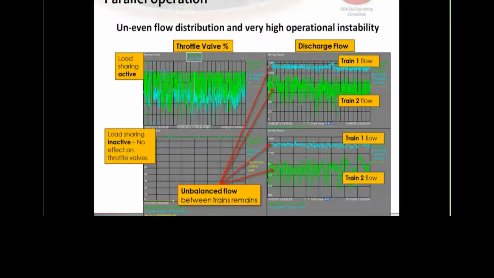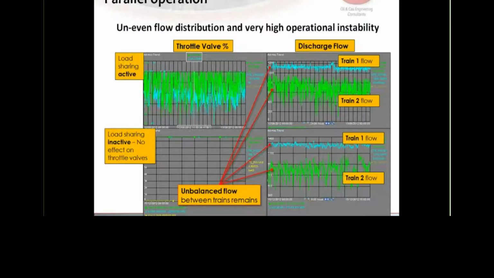But the thing that I want you to see from this picture is how the range of instability is slightly lower in the second case than in the first case, although there are still instabilities in the process. So from this second case, we got an idea that the anti-surge control system for this process was not tuned well enough to deal with the internal instabilities of the system.